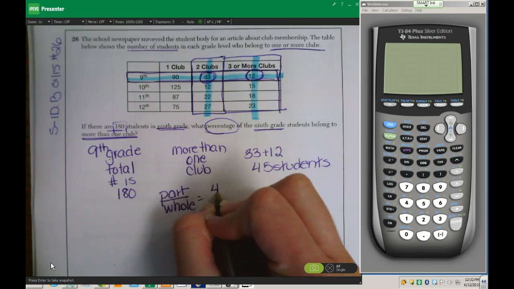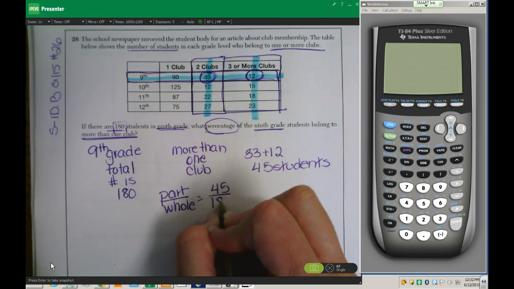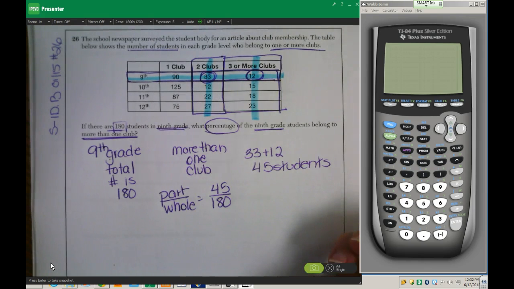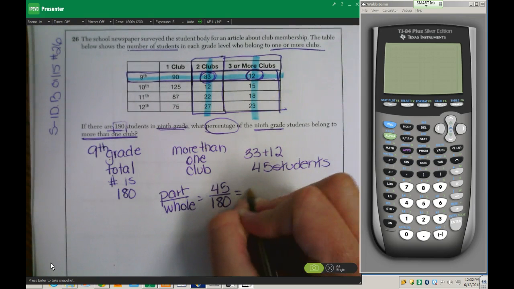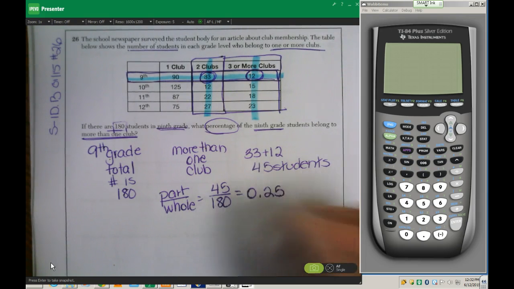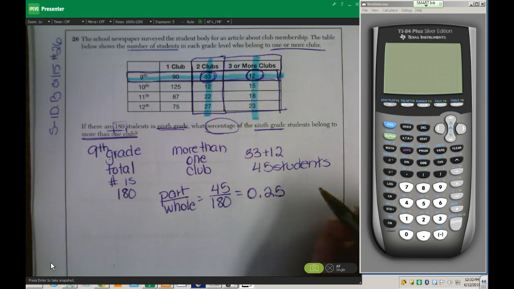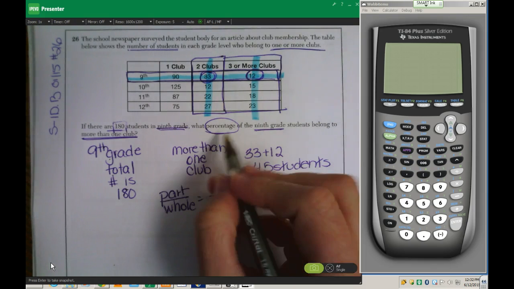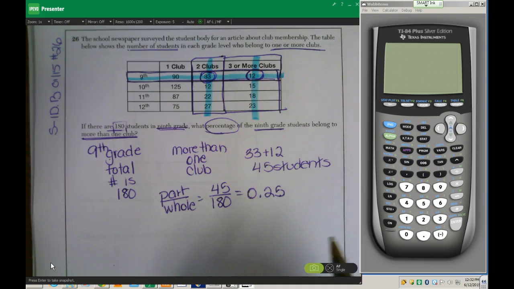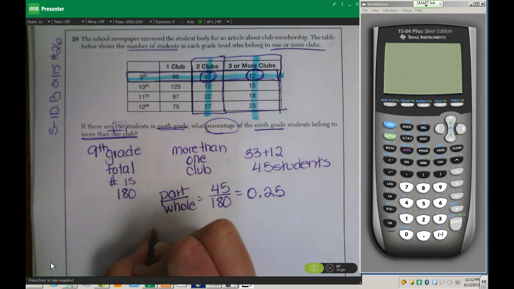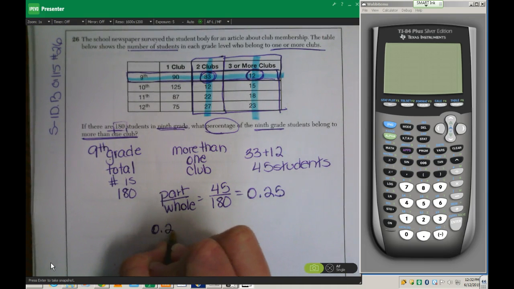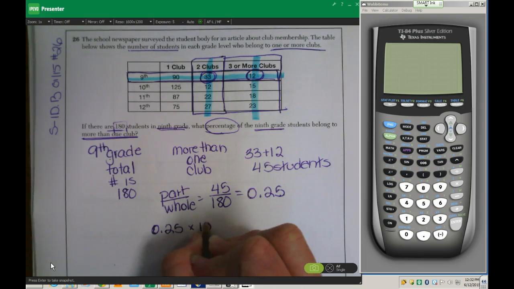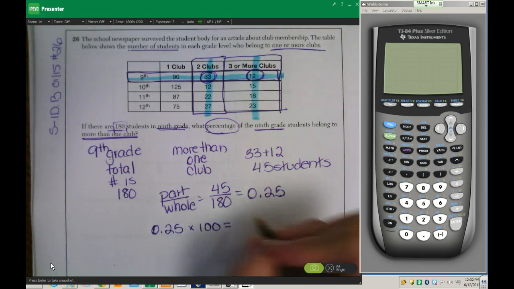So there were 45 students in more than one club out of 180 students altogether. When we divide, we get 0.25. Now, our concern is that they want to make this into a percentage. So how do we do that? Well, all you do is you take your decimal and you multiply it by 100. So we would get 25%.